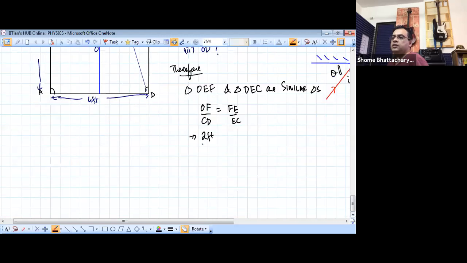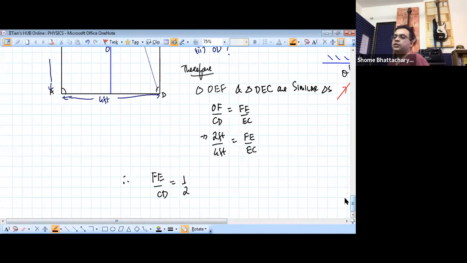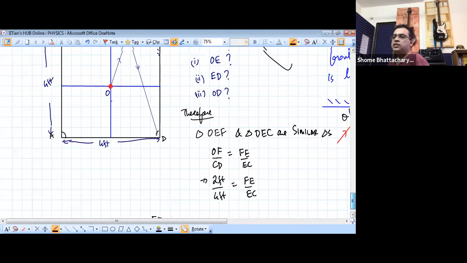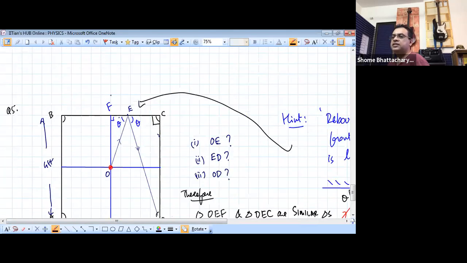And CD on the other side will be how much? 4 feet. So that is FE is to BC. So therefore FE is to CD is equal to 1:2 or 1/2. Now the other thing you can also see here is that if the distance FE is x, then how much is the remaining distance EC? It is 2 minus x. It is 2 feet minus x.